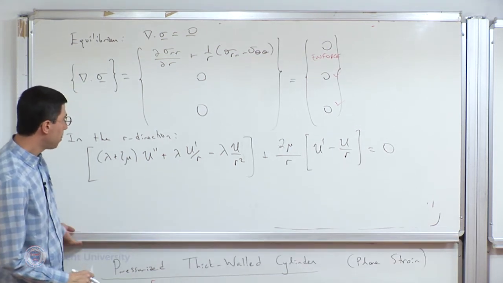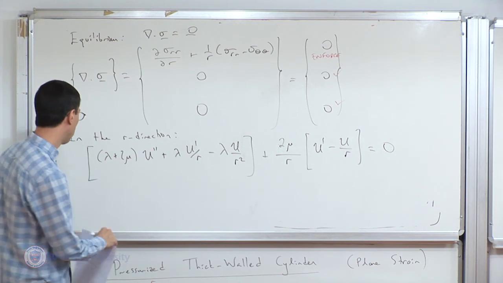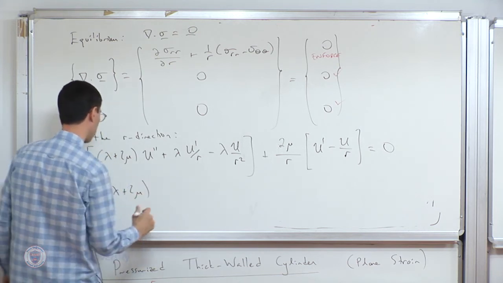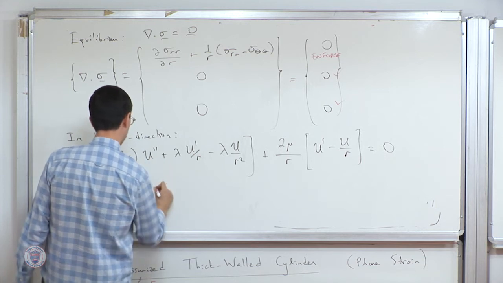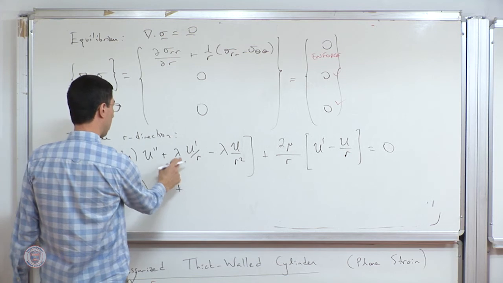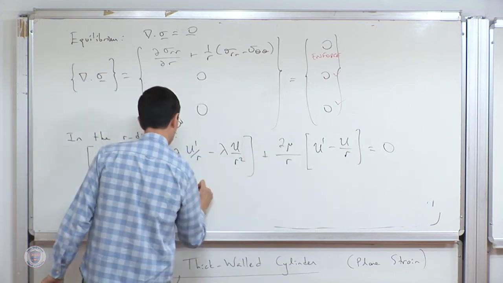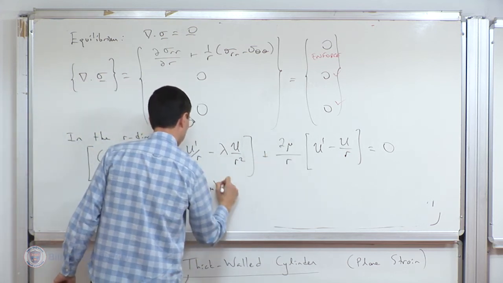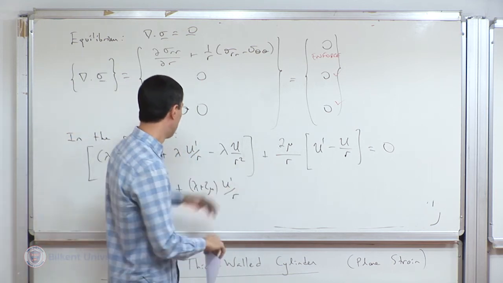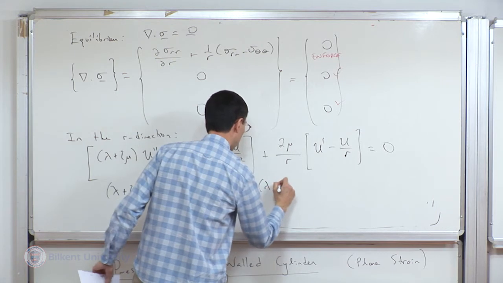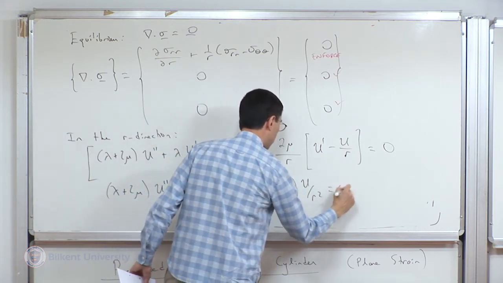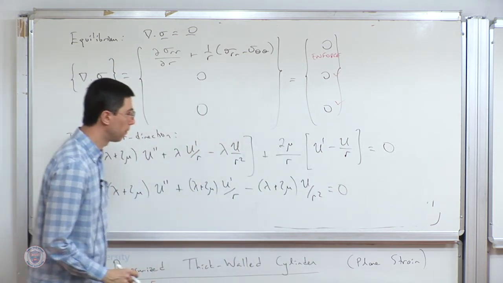And now, as usual, I will collect equal terms, terms that multiply equal terms. So lambda plus 2 mu multiplies u double prime, and then lambda plus 2 mu, again, multiplies u prime over r, and minus lambda plus 2 mu multiplies u over r squared, and that should be equal to 0.